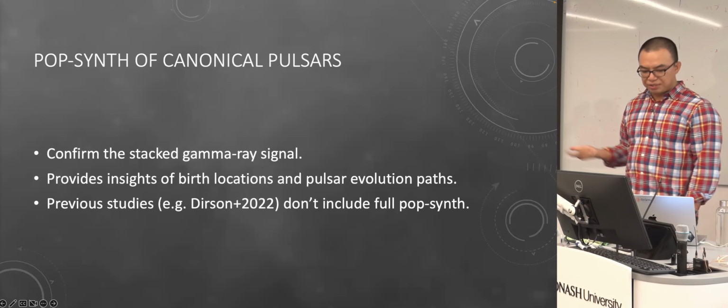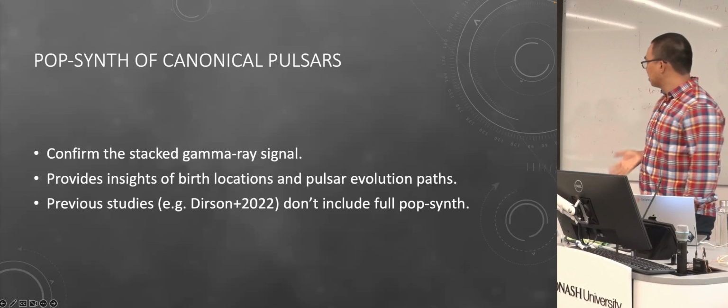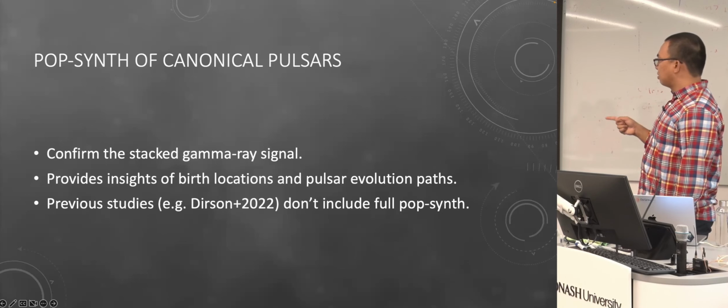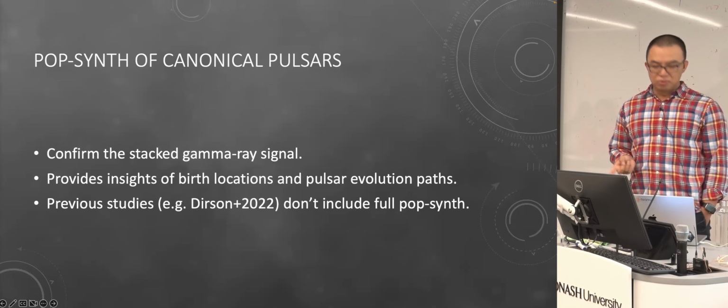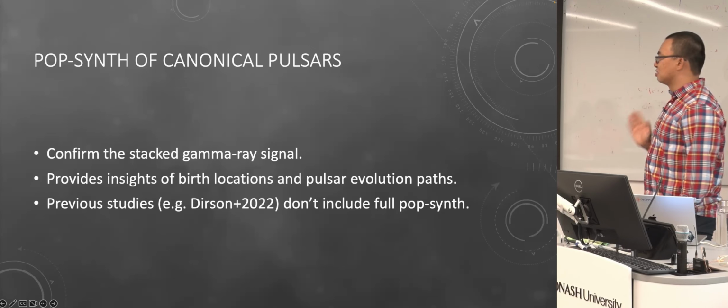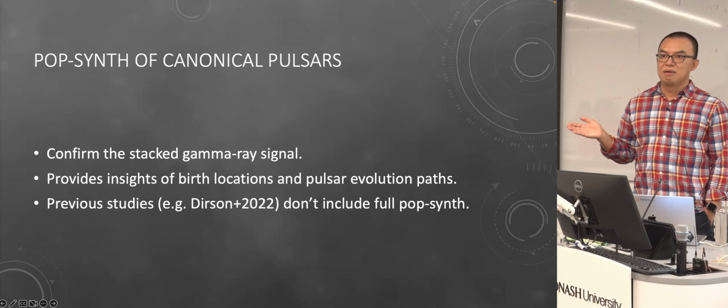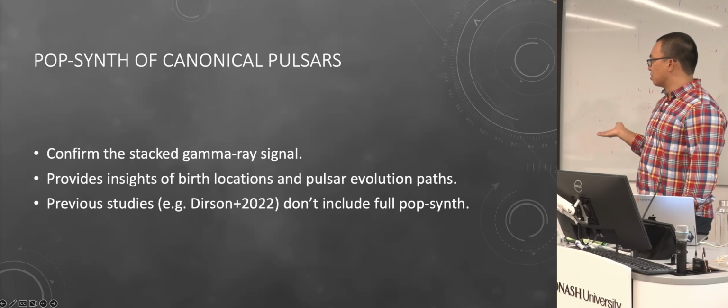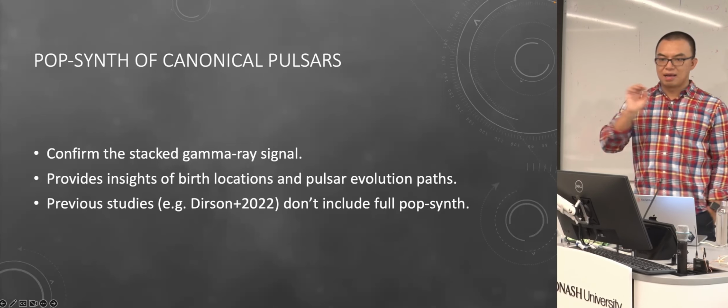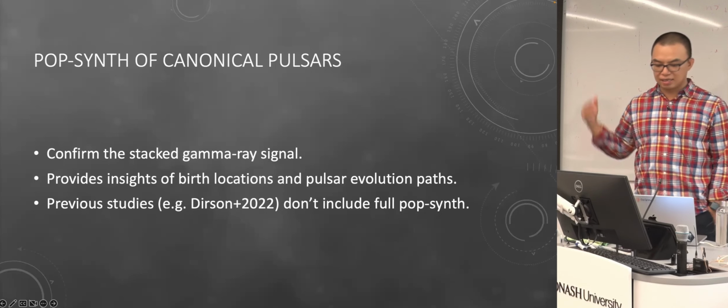There are some previous studies that did slightly similar things, like this Dearson 2022 paper, but they actually don't include full-fledged population synthesis. They just assume that the pulsars behave in a certain way when they were born at a certain place in the galaxy.